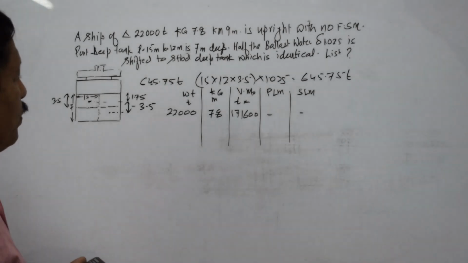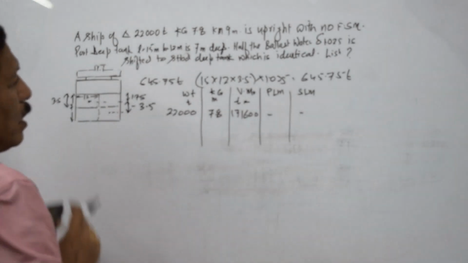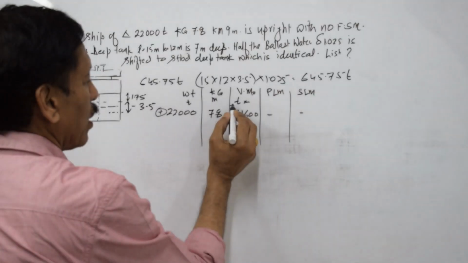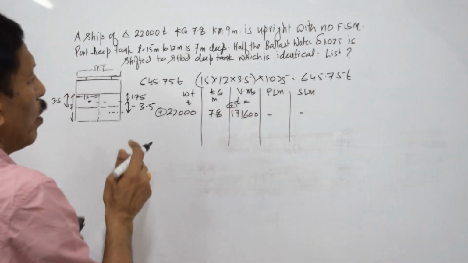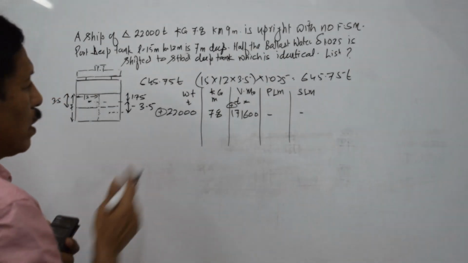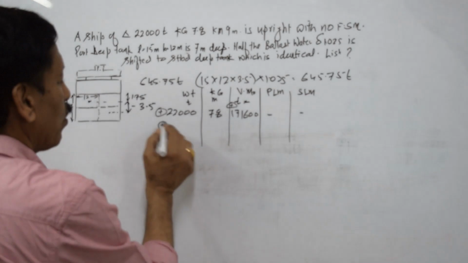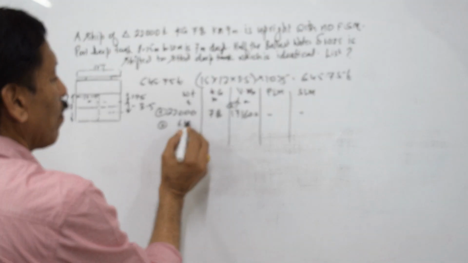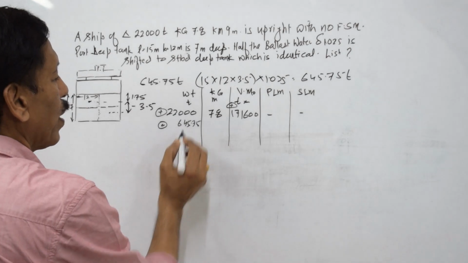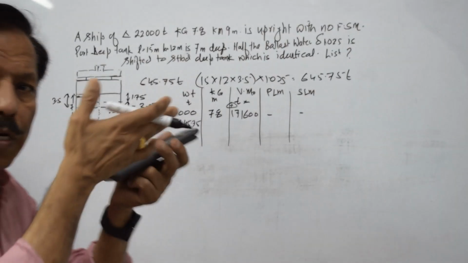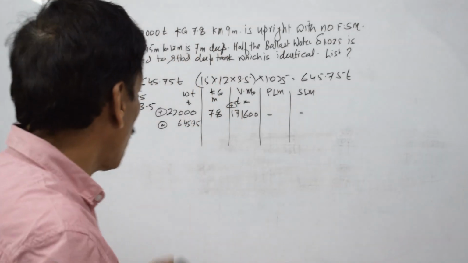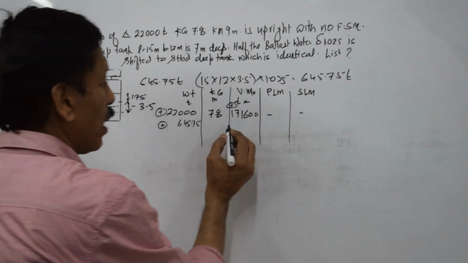Now what we are saying is we are shifting a certain weight. I put plus here, there is plus over here also. But when we talk about the shifting, we do not put any sign here, so I put 0 here. But the weight is 645.75. Because this weight is shifted vertically downwards, towards the keel, the vertical moments will be reduced.